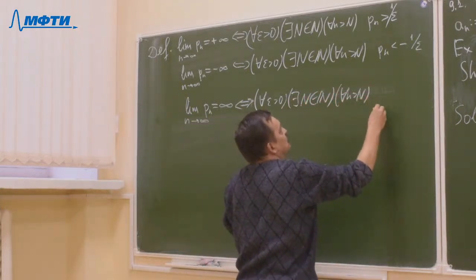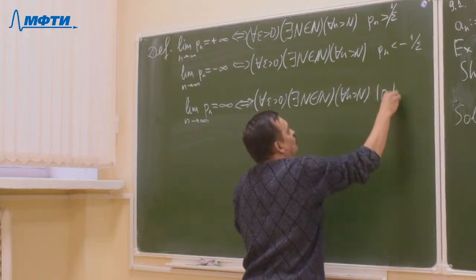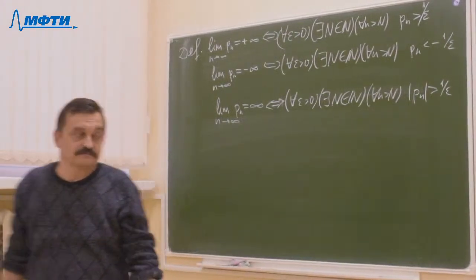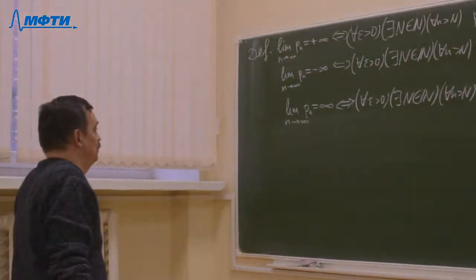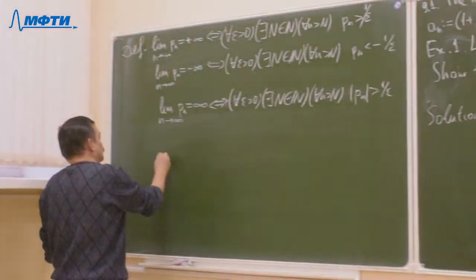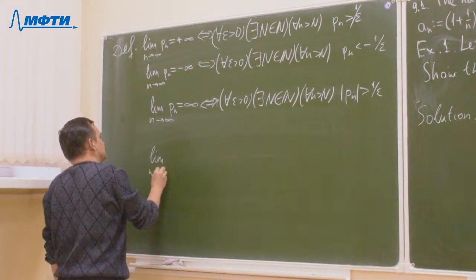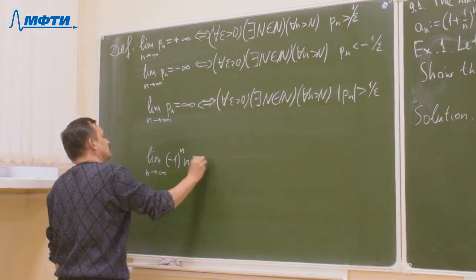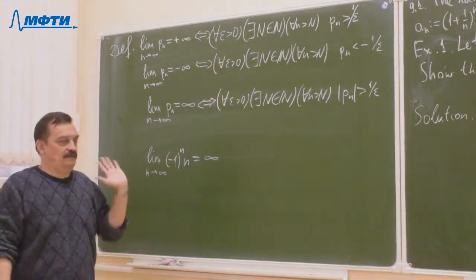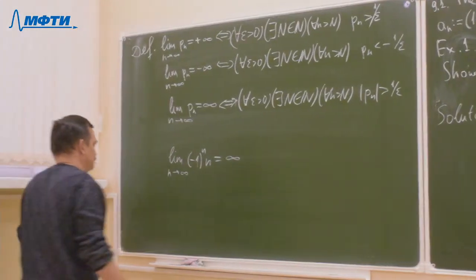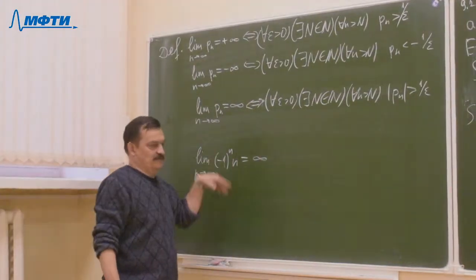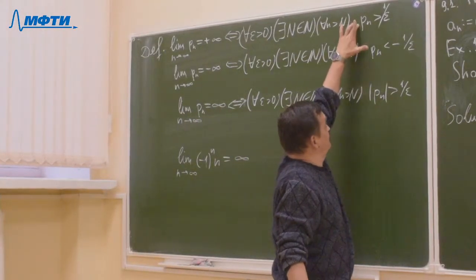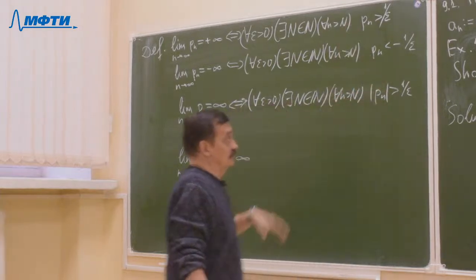So Pn in modulus greater than 1 over epsilon. So it means that, for example, the sequence has a limit infinity without sign, because of plus minus signs, hence neither this or that inequality holds.